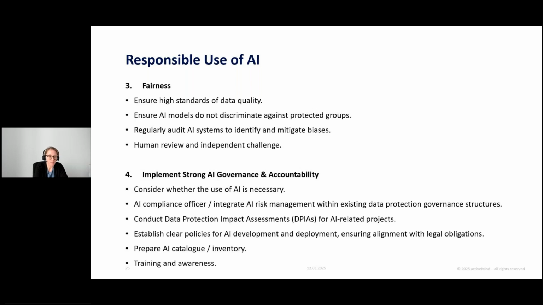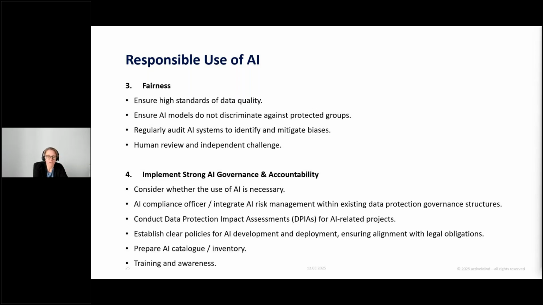The fourth principle, implement strong AI governance and accountability. First of all, I would check whether the use of AI is necessary at all. Maybe you need an AI compliance officer, depending on how many systems and technologies you use.